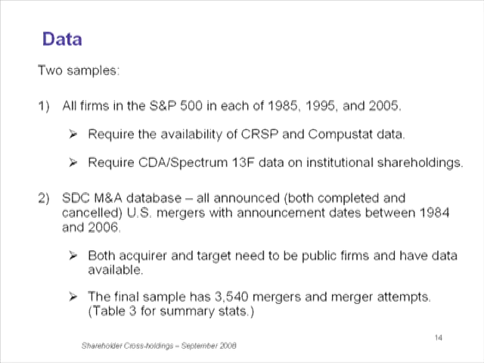Now, I think part of what your question is getting at is what I mean by cross holdings in the general population. What we do is, for every pair of firms in the S&P 500, so this is 500 times 500, minus whatever, 500, we compute the cross holdings. This actually brought a couple of computers to their knees before we found one that could do this, because it's something like 250,000 pairwise possibilities.